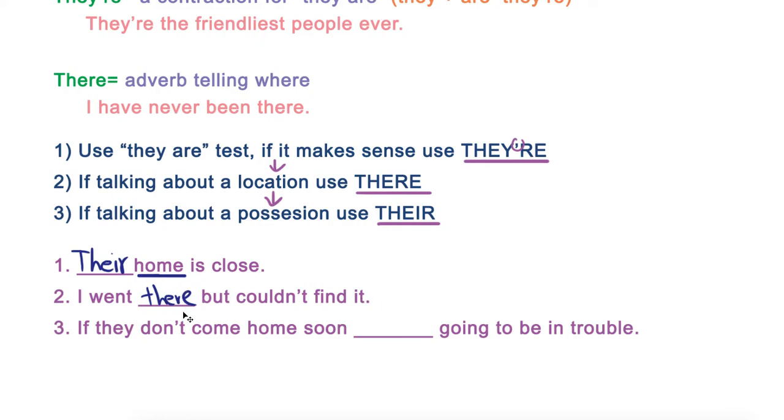Since there is referring to a place, you would use this form of there. All right. If they don't come home soon, blank going to be in trouble. Let's use the they are test. If they don't come home soon, they are going to be in trouble. Yep, makes sense. So let's use they're.